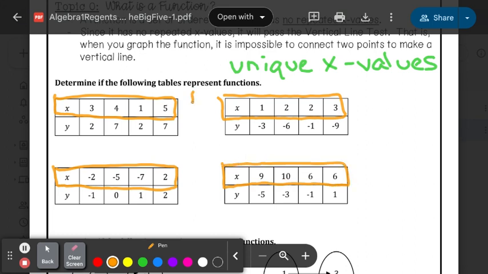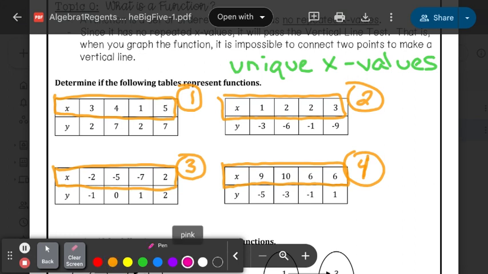So you have option 1, option 2, option 3, and option 4. Off to the side, you are going to answer the question: which of these tables are functions? So here, when you look at the x values for option 1, they're all unique, so this one is a function.